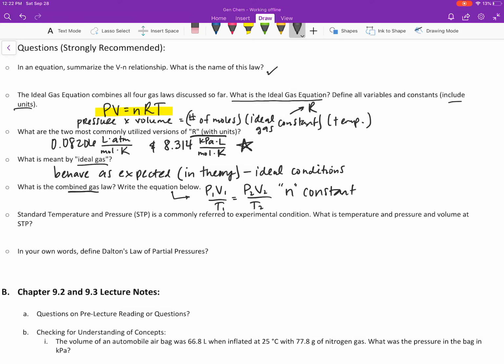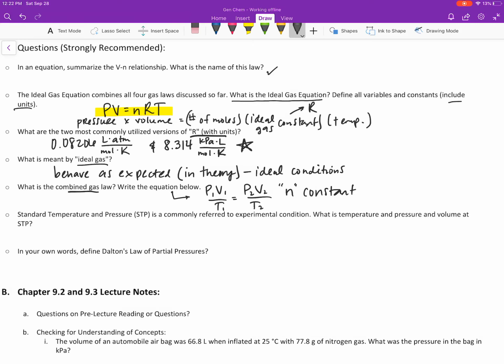Standard temperature and pressure, often just referred to as STP, is a set of experimental conditions. Experimental conditions are pressure, temperature, things like that that we can control experimentally. Think of a lab. This asks what are temperature, pressure, and volume at STP.